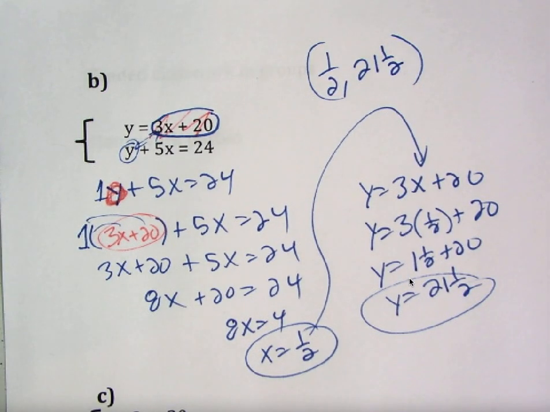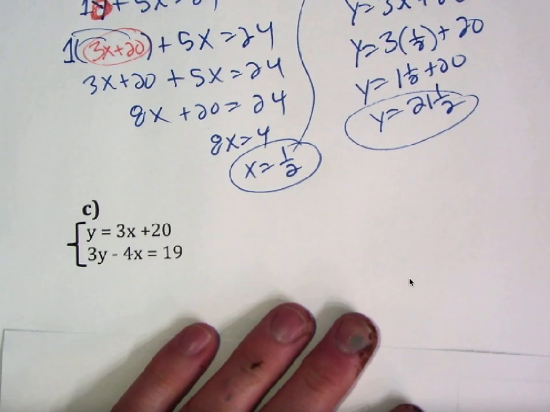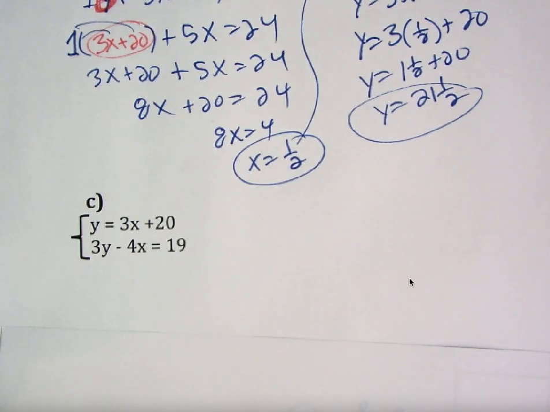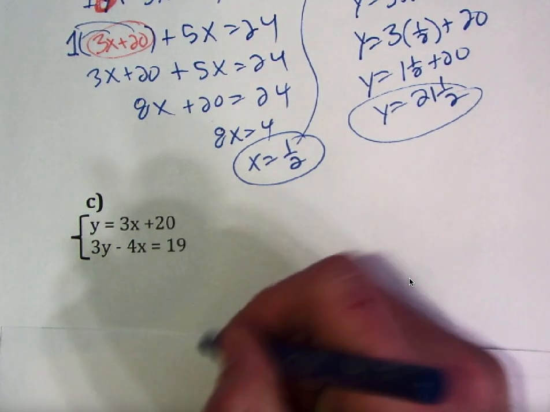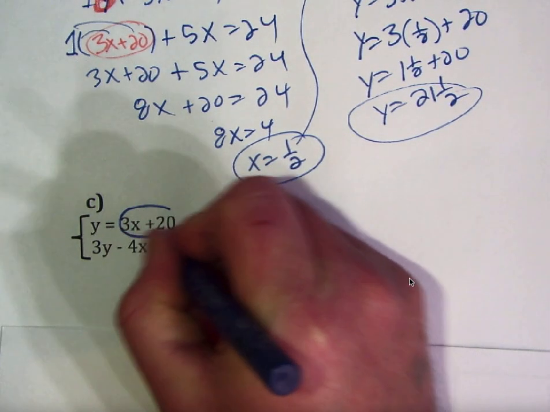All right, and here's one more for you to try. So pause me now, might be a good chance to pause. Okay, so you've paused me hopefully. I read it. One says y equals, this top one.